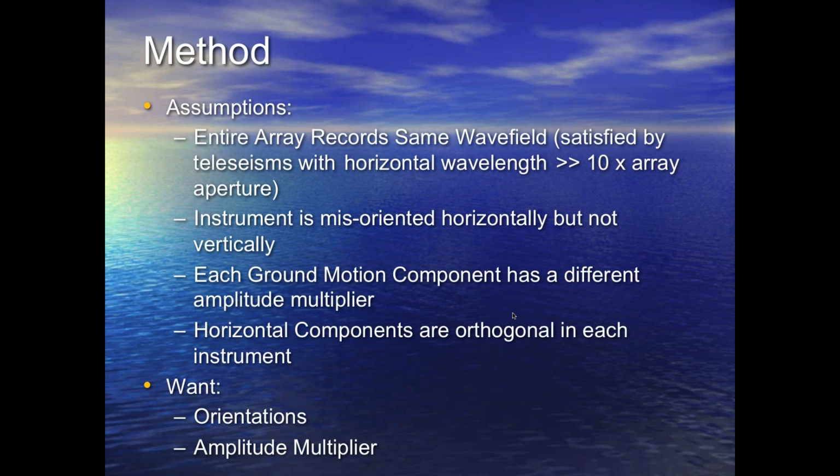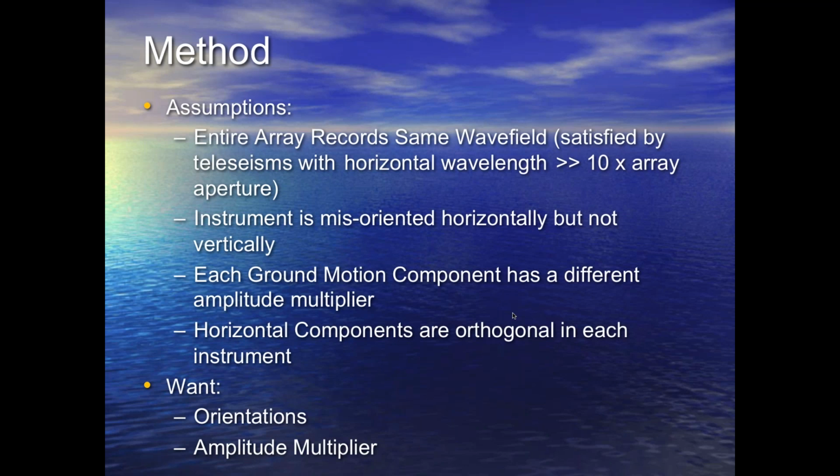I'm going to assume that the instrument is misoriented horizontally, but not vertically, and that each component of the ground motion has a different amplitude multiplier. I also have to assume that the instruments are built correctly, that the horizontal components are actually orthogonal to each other within the instruments.